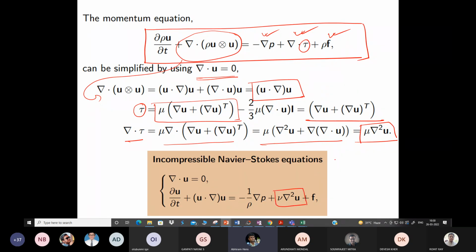Instead of mu, we divide both sides of this equation by rho, and this nu is the kinematic viscosity, which is equal to mu by rho. That is shown here.